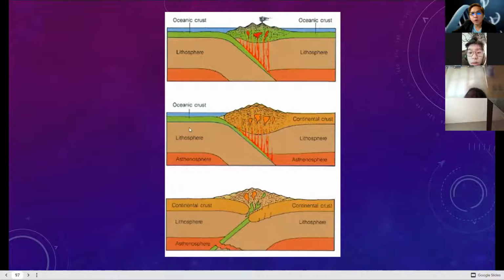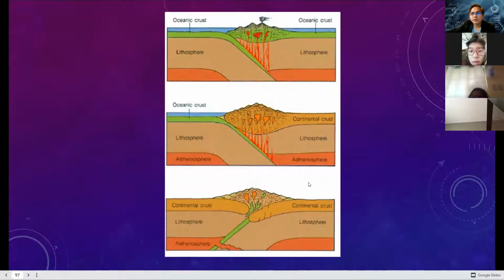How about oceanic and continental? So, bodies of land and bodies of water, this is your subduction zone, right? Since the ocean is much denser than the continental crust or continental plate, the tendency is that the ocean will subduct. Okay. This is now oceanic-continental convergence.